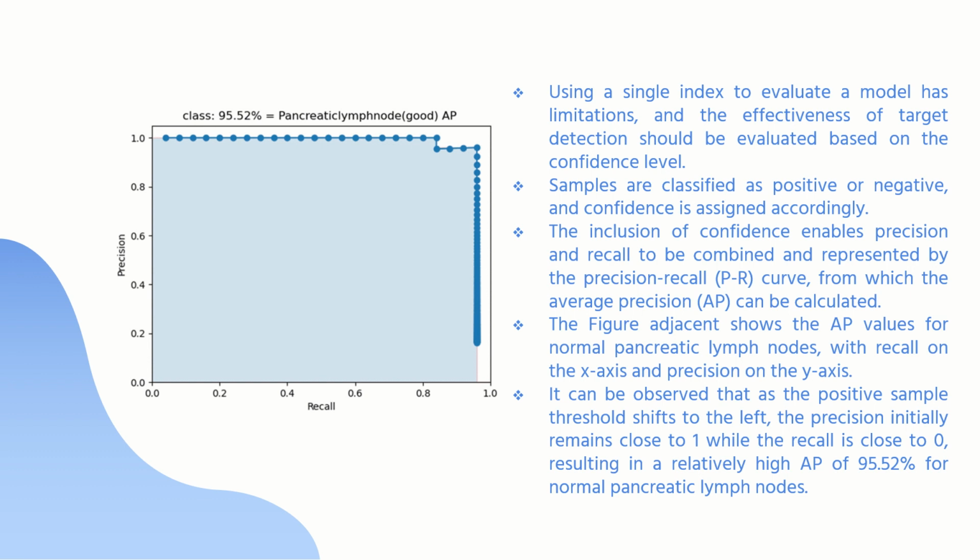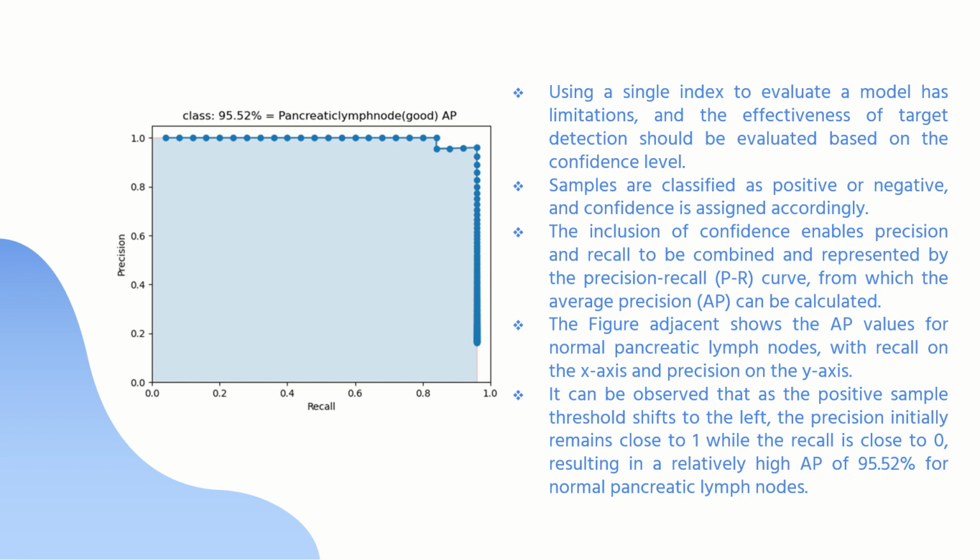Now, a single index has certain limitations on the evaluation of the model, and the effect of target detection should be judged under the confidence level. So, here we introduce precision P, recall rate R, and average precision AP, which are represented in the PR curve graph, which is shown in the slide.